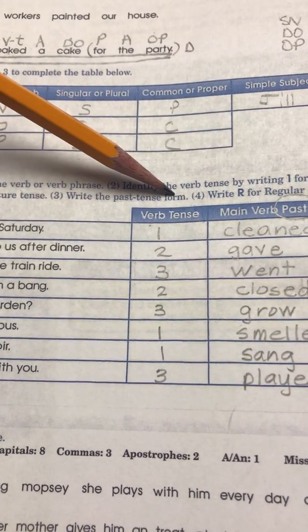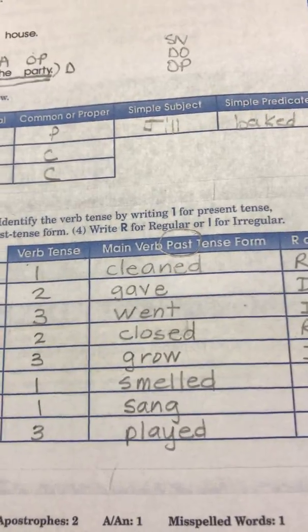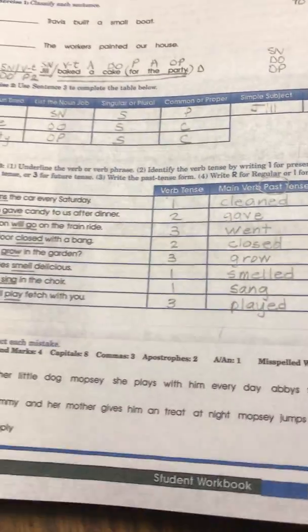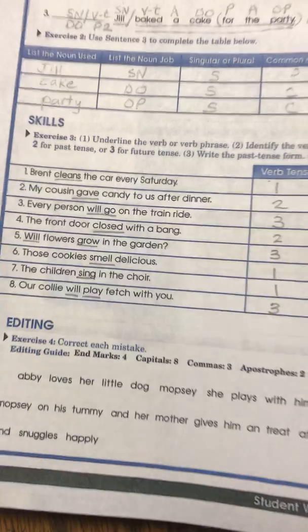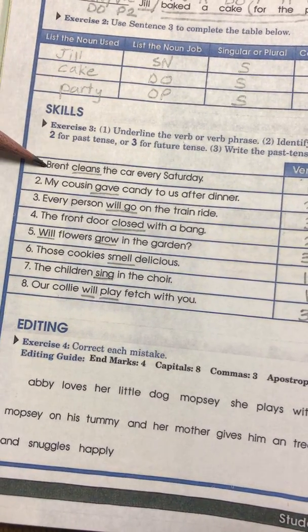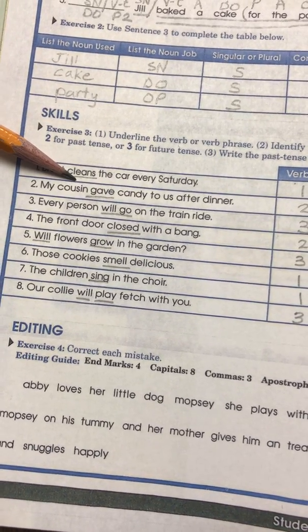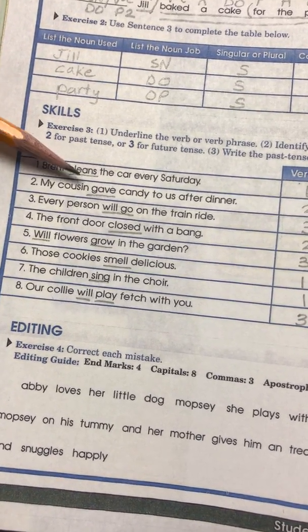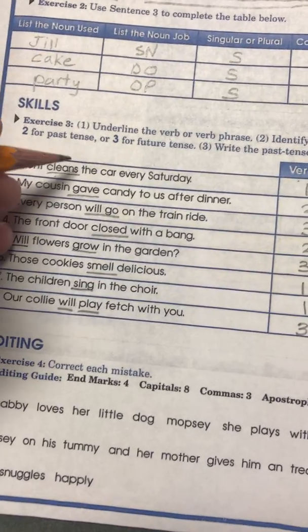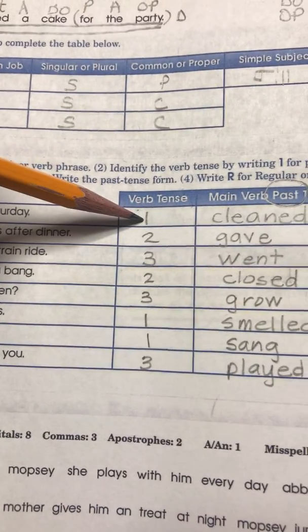Write the past tense form and write R for regular or I for irregular. So I've done some of these and I just want to go over that with you. The first job is to underline the verb or verb phrase. So on Brent cleans the car every Saturday, cleans is your verb. Cleans, because it ends in an S, you see this S right here, makes it present tense.